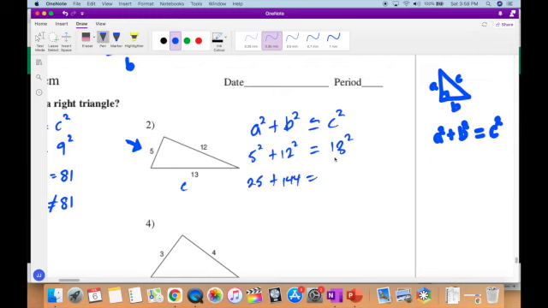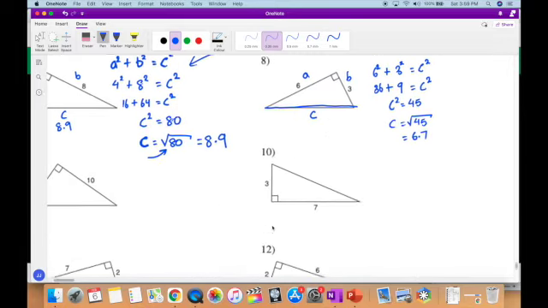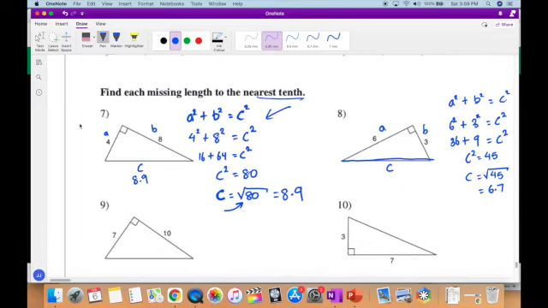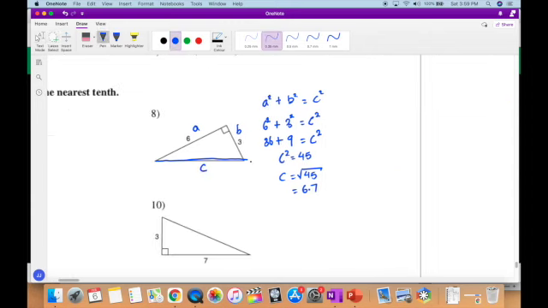And what is 13 squared? 169. So 25 and 144 is 169. So yes, this is a right angle triangle. So you're cool with that? Yes, sir.